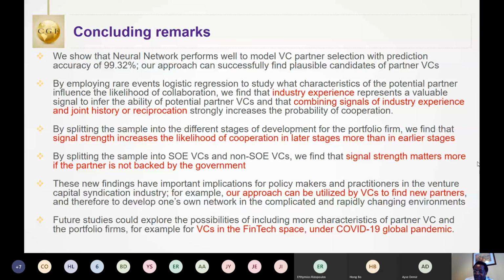And then Athena makes a good point. Thank you for the interesting presentation. As you mentioned, Guanxi is an important factor for the Chinese VC market. I wonder if you would account for that in your model.